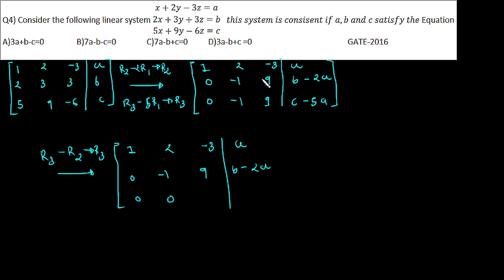Again we are getting minus 9 from the second row, we have plus 9, so we get 0. Now here C minus 5A remains as it is, and from the second row we get minus B plus 2A.